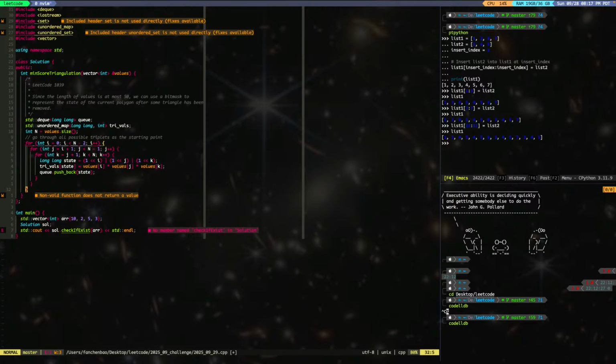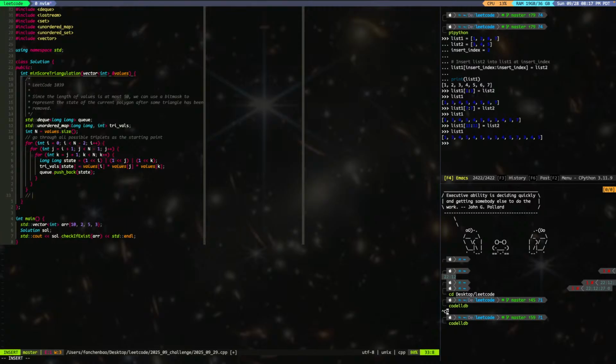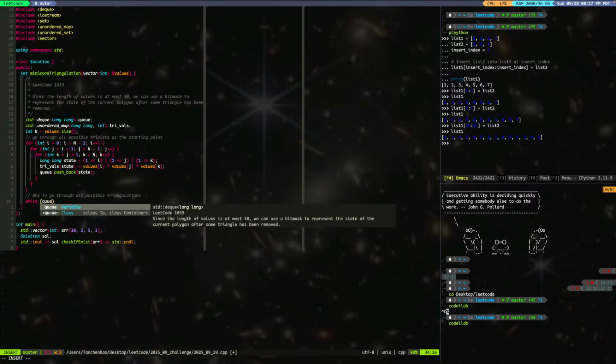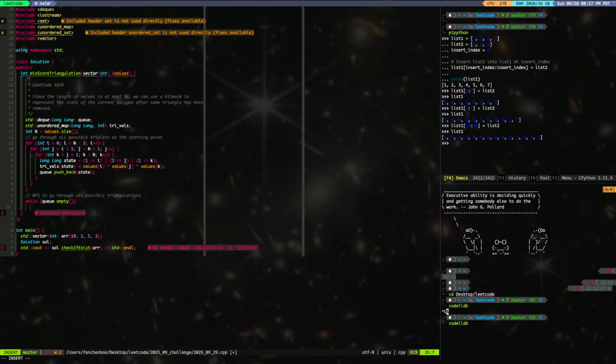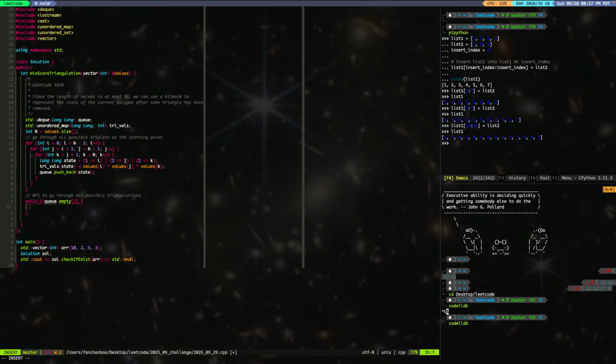And then it's like a BFS to go through all possible triangulations. So while q is not empty, we're going to go through.